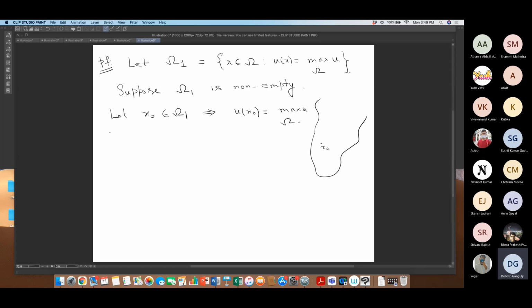Let R be such that the ball B(x naught, R) is contained in omega.